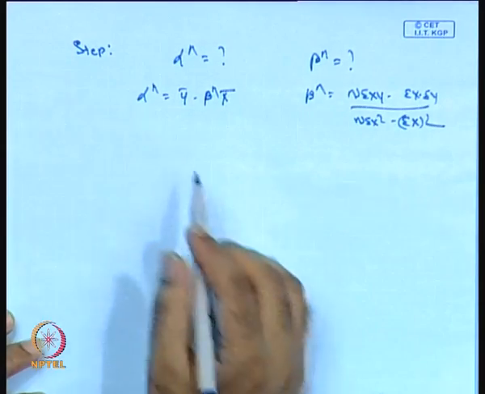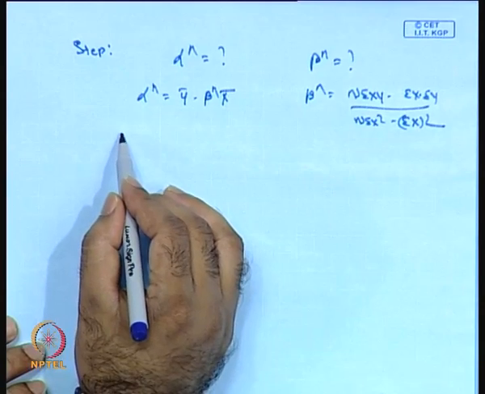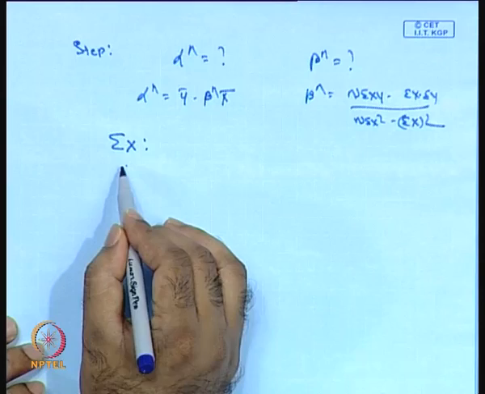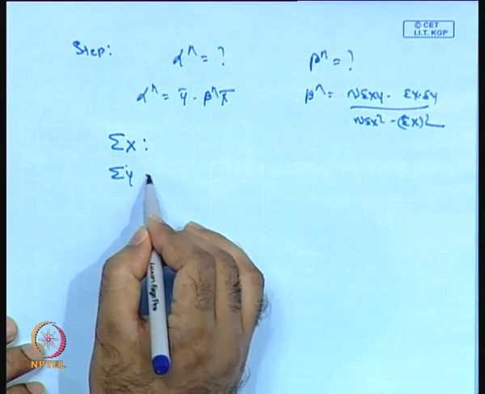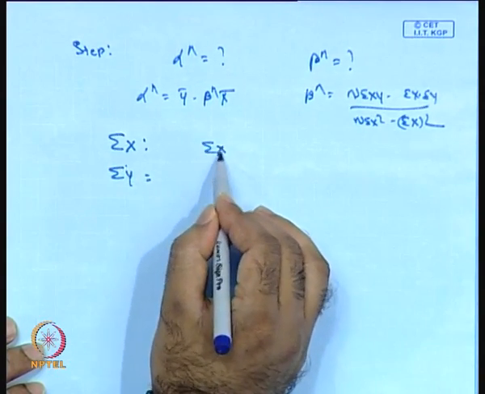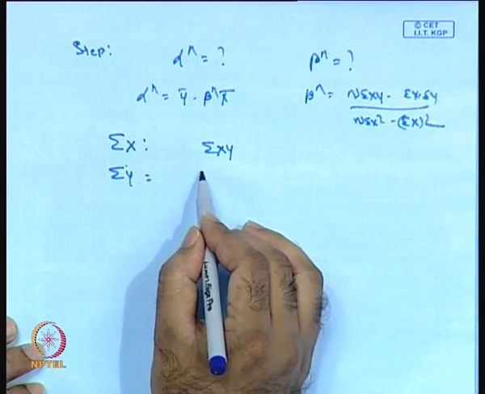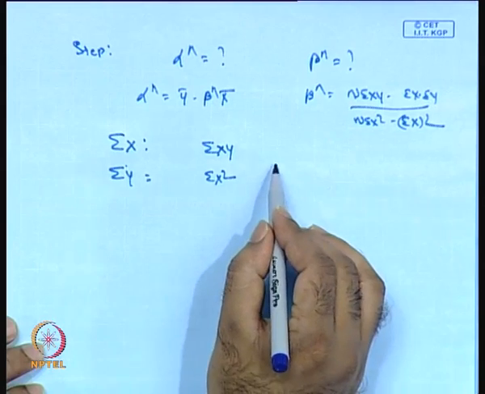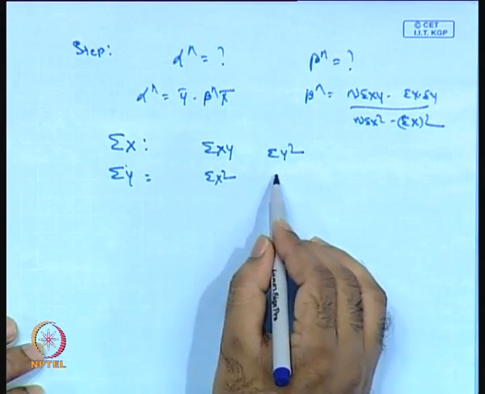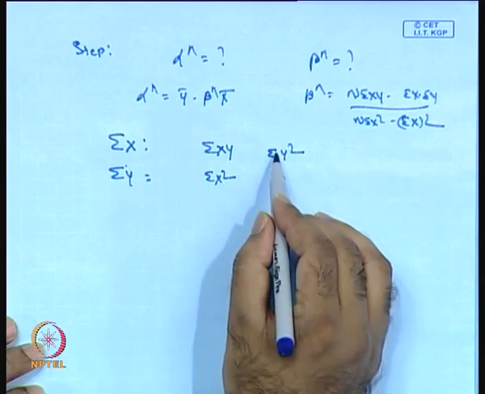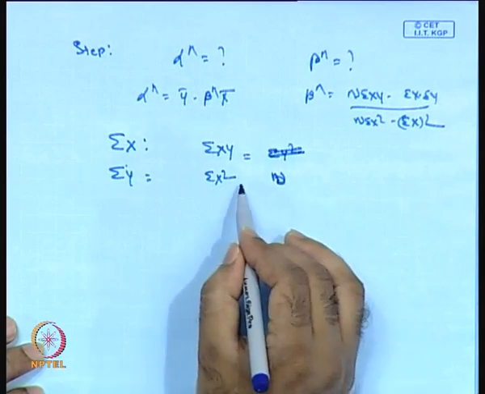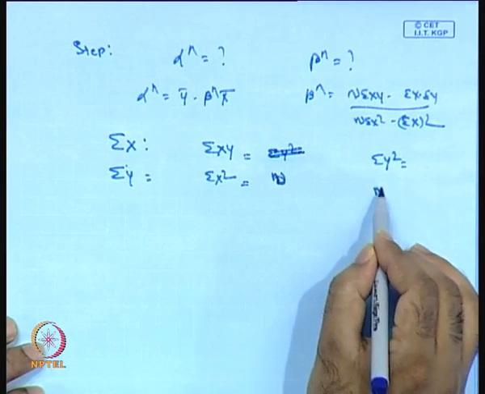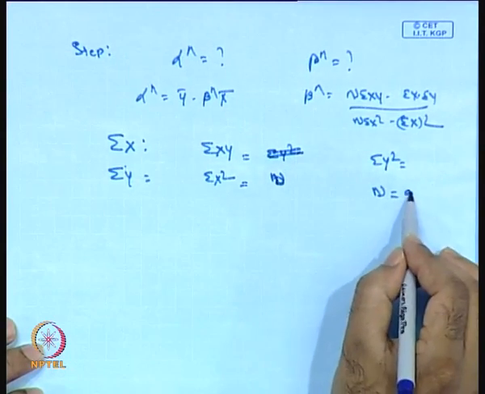So what is our requirement? We need to calculate summation x, summation y, summation x y, then summation x squares, and summation y squares, and n, where n equals 9 here.